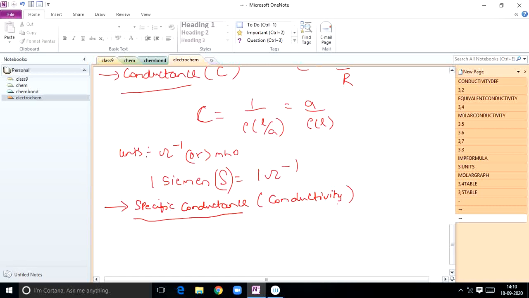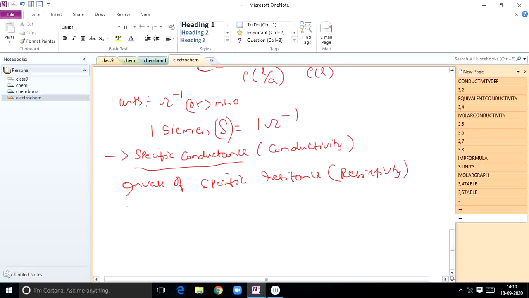You can write it as the inverse of specific resistance, or resistivity. That is called specific conductance.